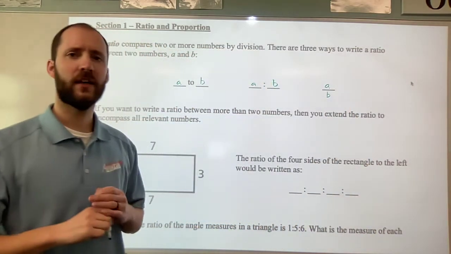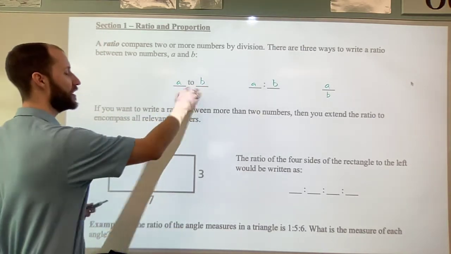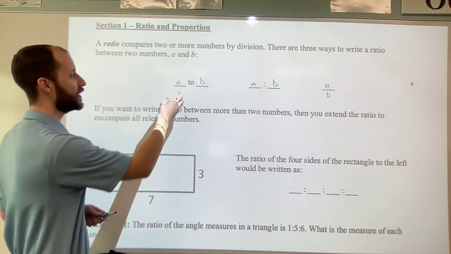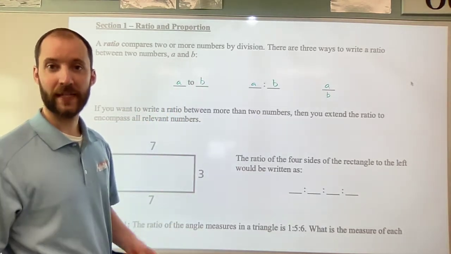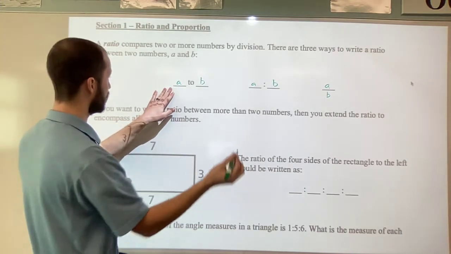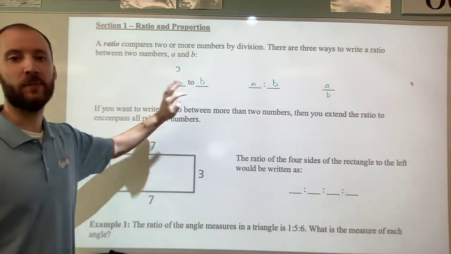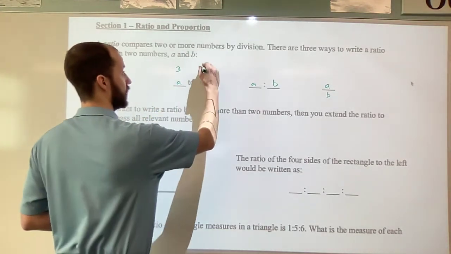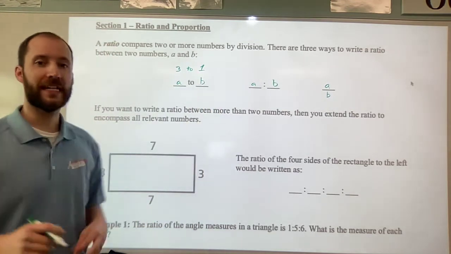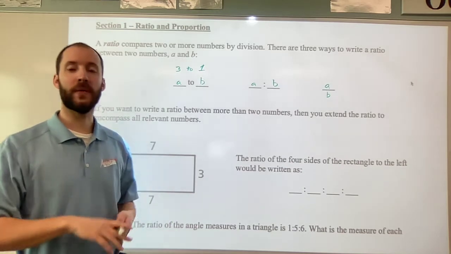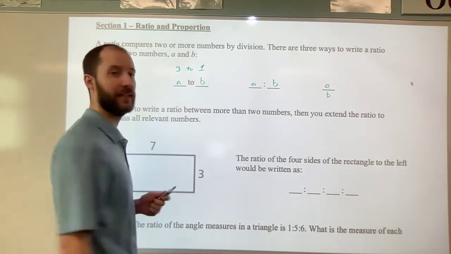What you can assume from these numbers is that A to B describes the size of A to the size of B. So for example, if A is bigger, let's say 3, and B is smaller, let's say 1, you can expect the ratio to be bigger on the A side and smaller on the B side.